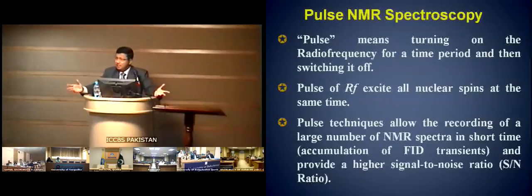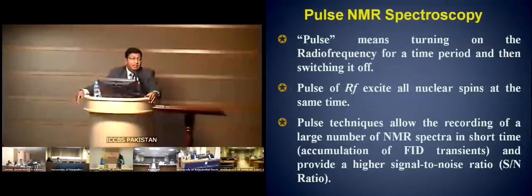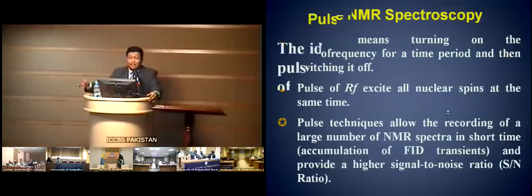I don't know, so many. So in different NMR texts, you would find different names. Some people don't like to call it FID. They call it interferogram. Some use the word T2 transient. But at the end of the day, a rose is always a rose.